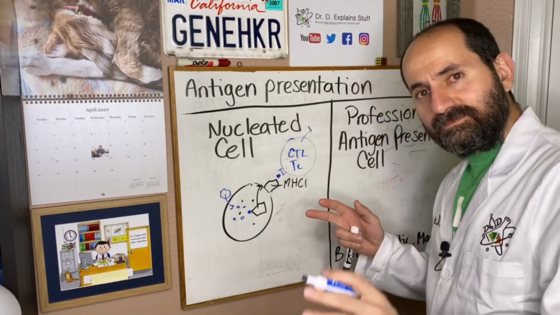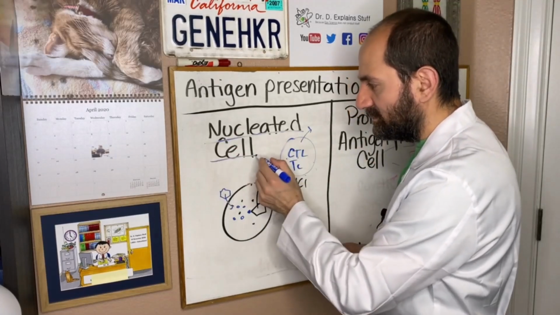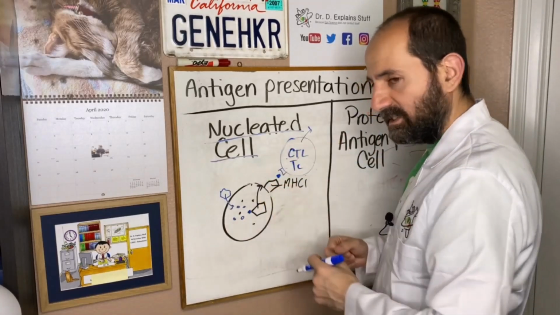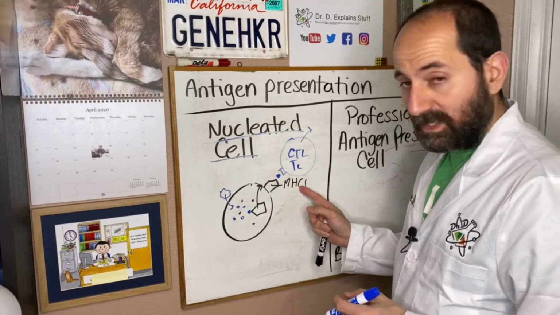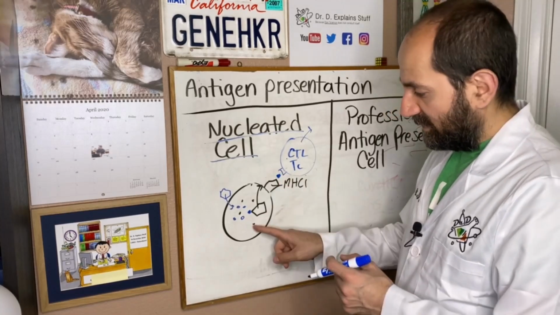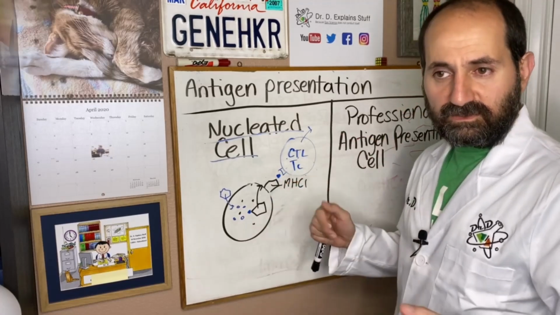Their job is to find nucleated cells, so your skin cell, your brain cell, your heart cell, scan for their MHC I and look at what antigen is on it. If a self antigen is on it, good for you. It moves on. Everything checks out.